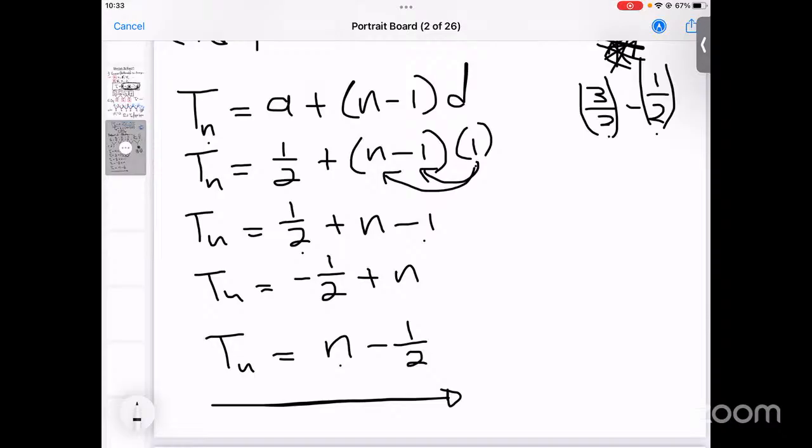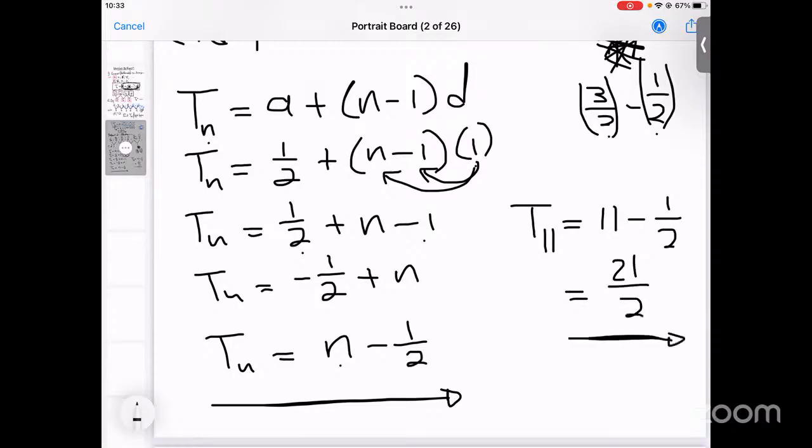Doesn't matter if it's the 15th term, whatever term, you can still say T11 if it's the 11th term, then you will substitute your 11, minus a half. Trust me, it'll give you something over 2. Yes, can you see? It gives you 21 over 2. So that means term number 11 or house number 11 has this many potatoes.